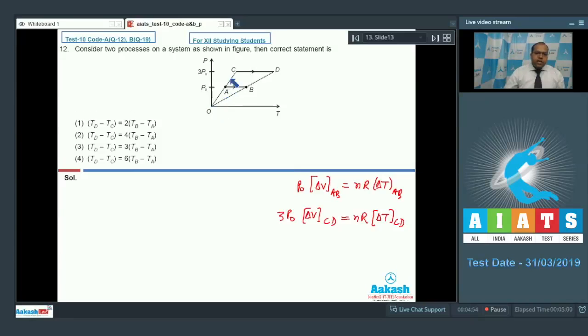In this straight line OAC, the slope of the straight line represents the volume. So we can say that the volume at A and the volume at C are equal. In the same way, the volume at B and the volume at D are equal.